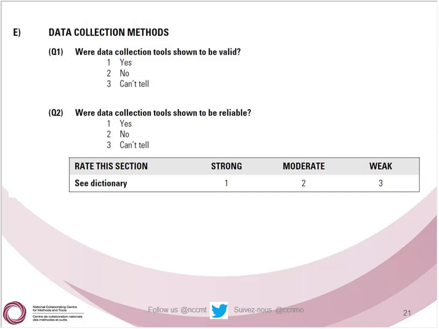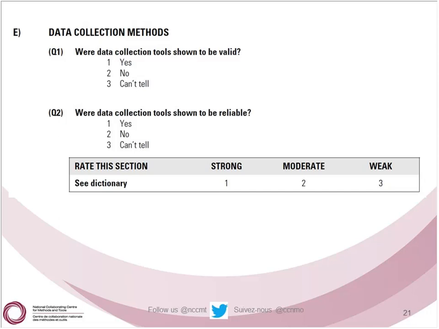Has it been tested on a similar group of people to what we want, so has it been used on a similar group to what the study is using it for now? Those are the kinds of things that we would be looking for. And then we also want to know if the tools are reliable. So if the tool is administered on multiple occasions, barring anything changing, we should get the same answer over and over again from that tool.